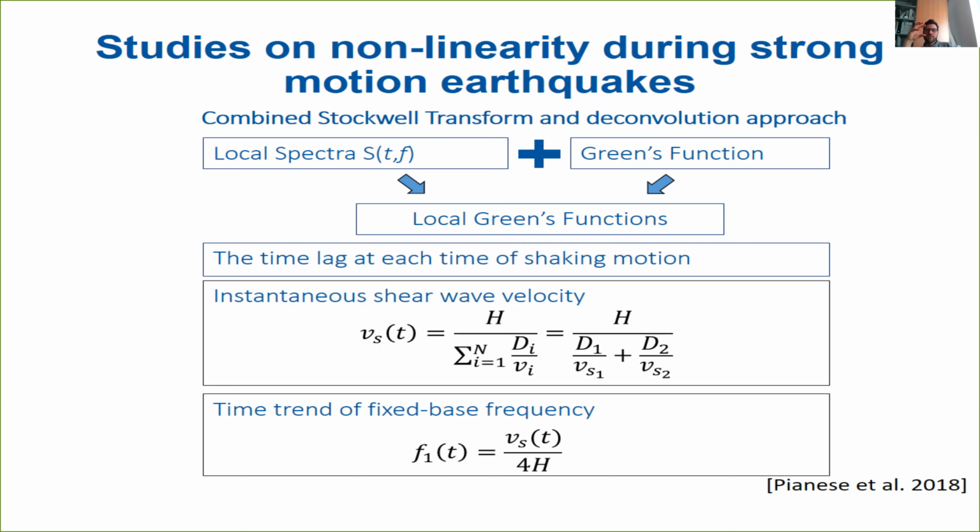So we can estimate the Green function, the propagation function, at each instant of time where we measure. We can then measure the velocity of propagation for different instants of time, and also the frequency, because we know the frequency is related to the velocity. Of course, h in this case is the height of the building, which we know.